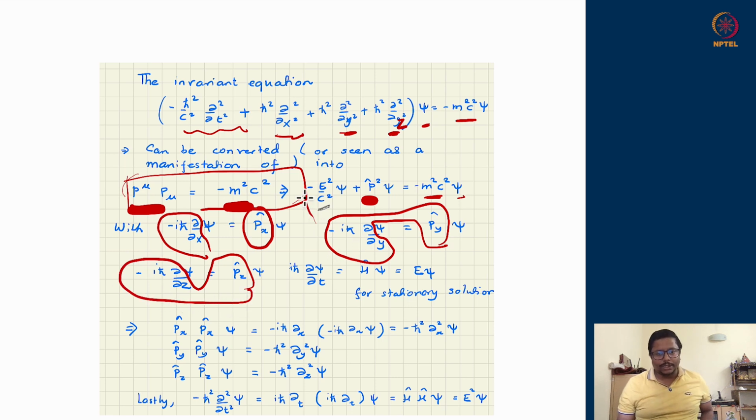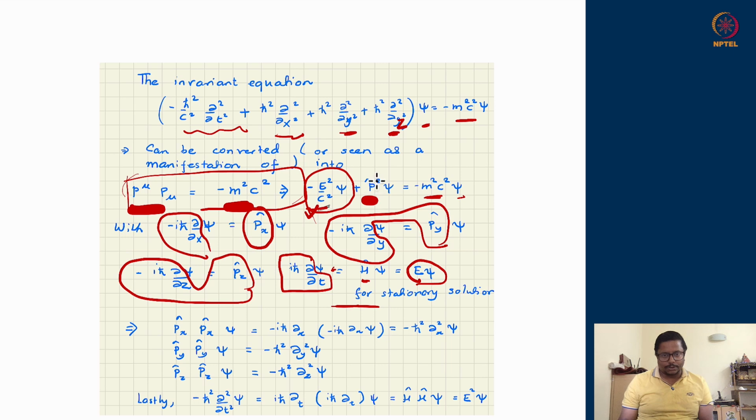Now remaining over here, for stationary states, we know the energy which appears is also the temporal derivative which hits the psi. The Hamiltonian for the stationary states, h of psi, which is e times psi, can be represented as the temporal derivative of time. So therefore, whatever operators appear here, they can be converted into differential operators.